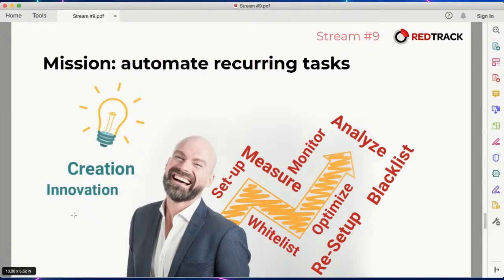First of all, automate recurring tasks, so that when you do your media buying and tracking, you can focus more on things that humans do best: being creative, being innovative, and leave routine, repeated, recurring operations to robots running from trackers.